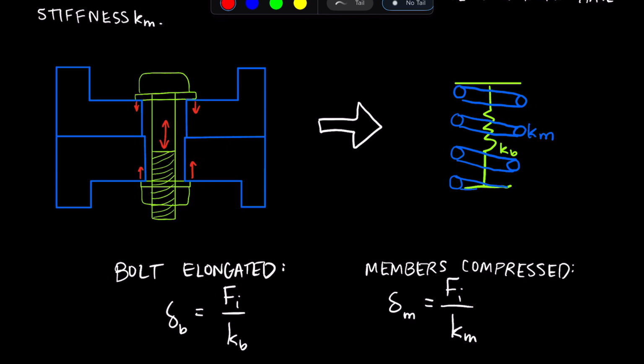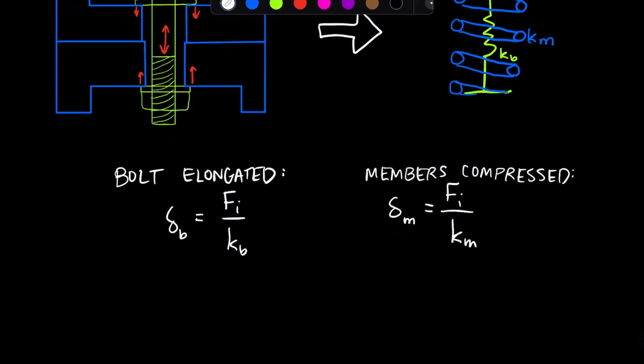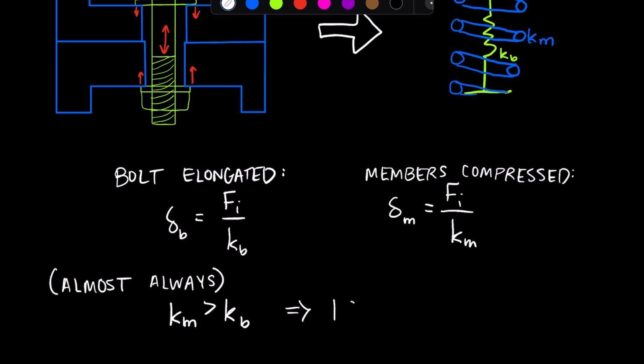And so we're going to get more elongation out of the bolt. And mathematically, we can write this as KM is greater than KB, almost always. And therefore, the magnitude of delta M, the magnitude that we're compressing the members, is almost always going to be less than the amount that we elongate the bolt. That all just has to do with the preload.